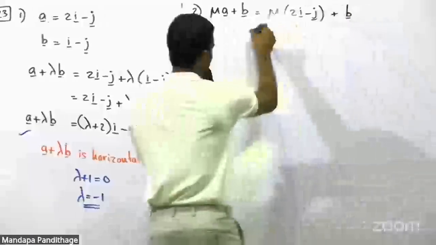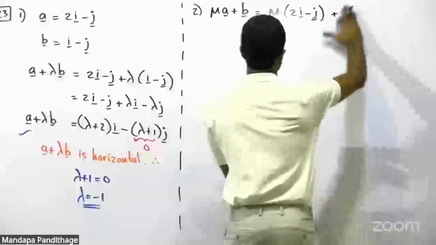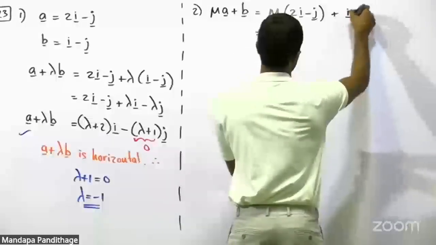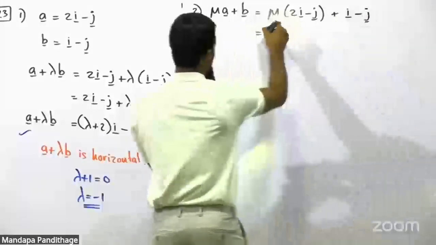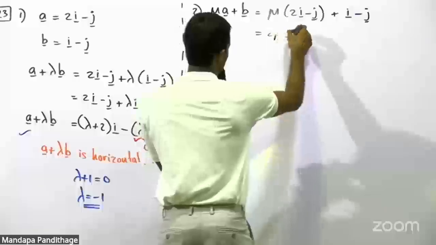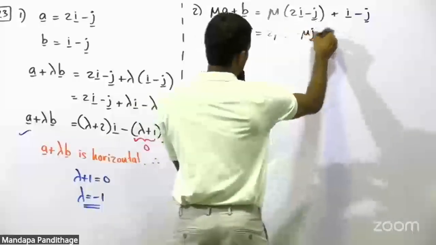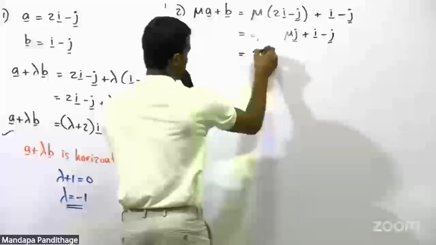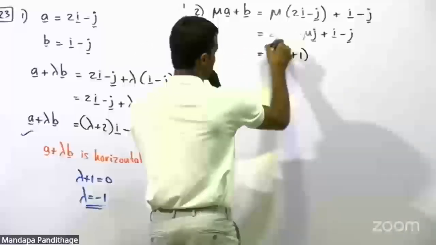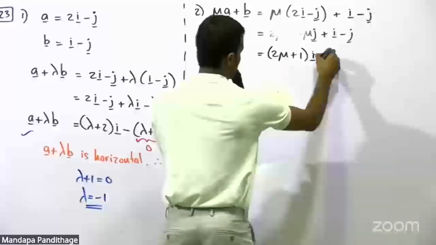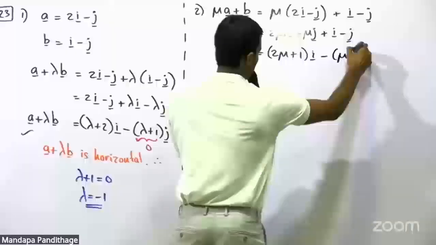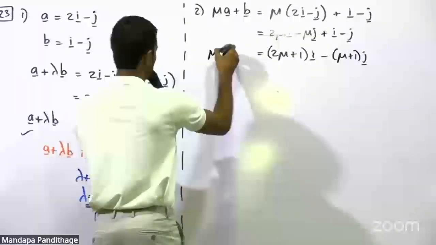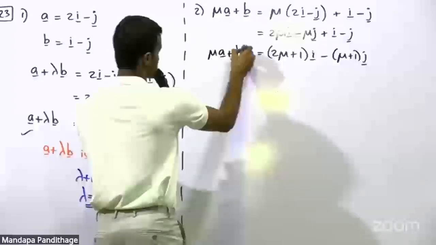First, rearrange this and write it in a way that i is together and j is together: 2 mu i minus mu j plus i minus j. So then I have (2 mu plus 1) i minus (mu plus 1) j. This is mu a plus b.